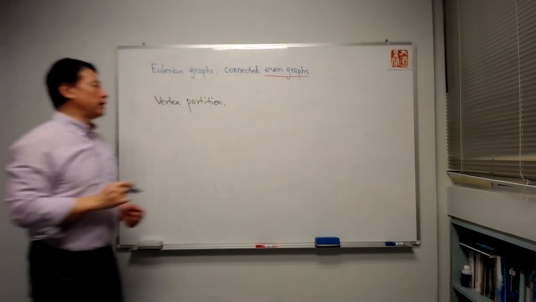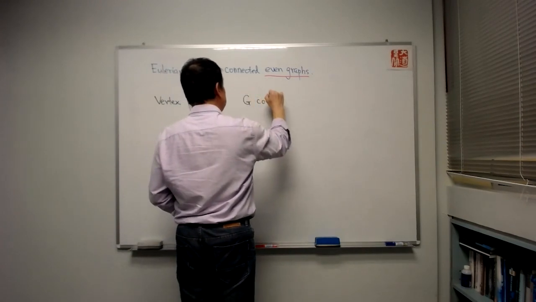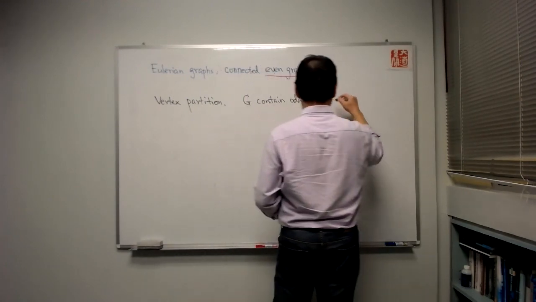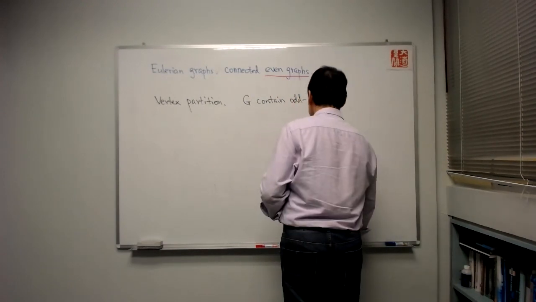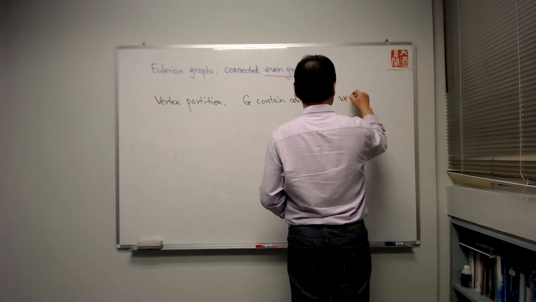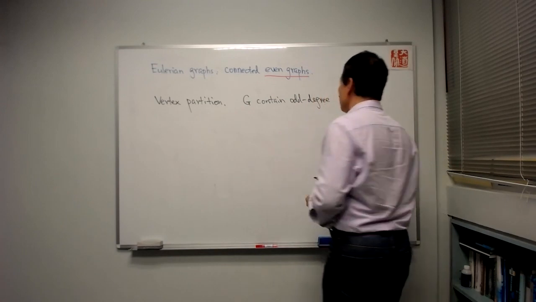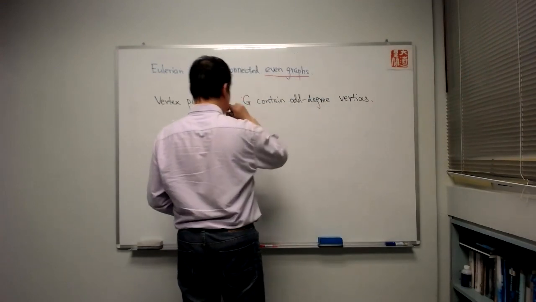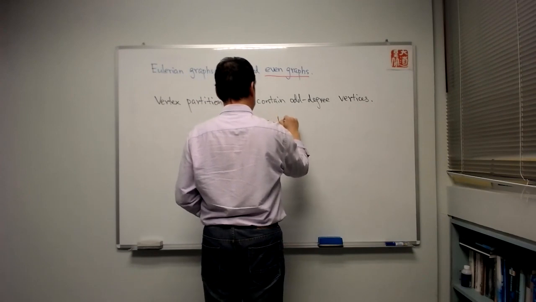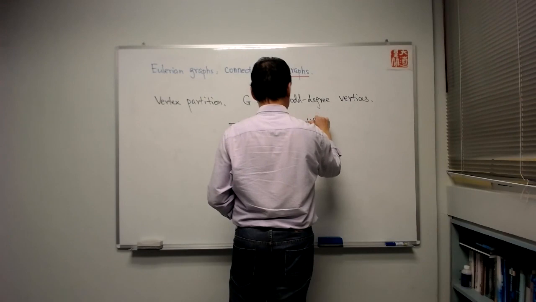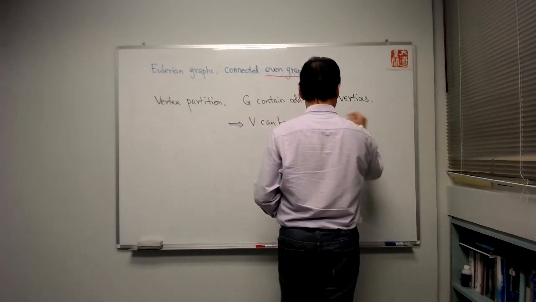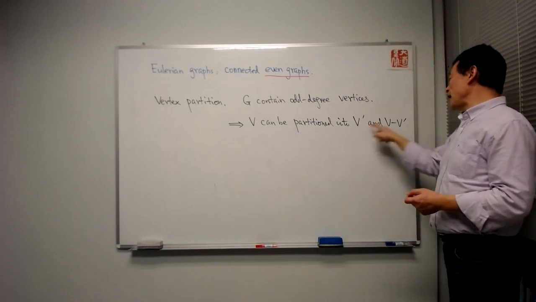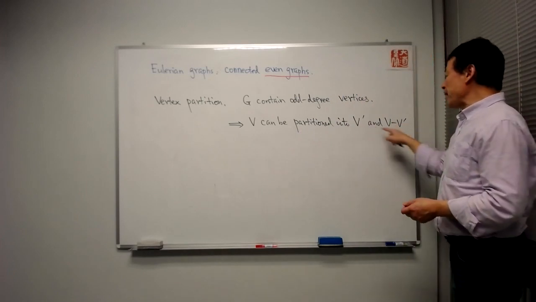So whenever G is not an even graph, whenever it contains at least one odd degree vertex, we can partition V into 2 parts, V prime and the remaining part, such that none of them are empty.